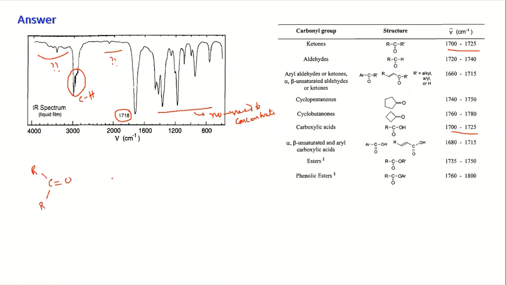It may also have a C double bond O OH type of stretching, but we have to check whether we really have OH or not. Now in this zone you don't have a major peak, which is the zone of the OH, so you can exclude it.